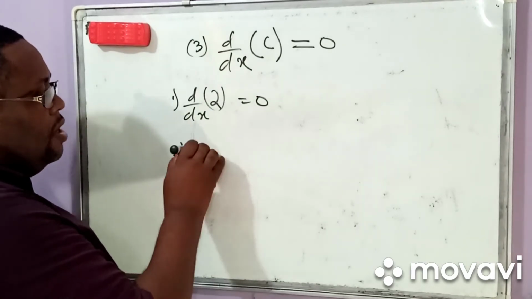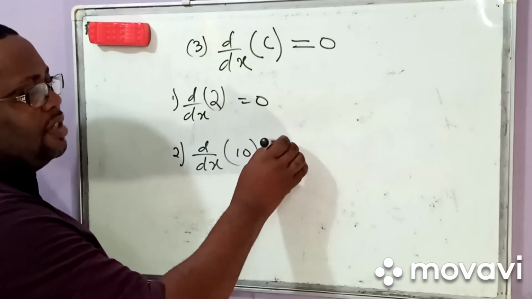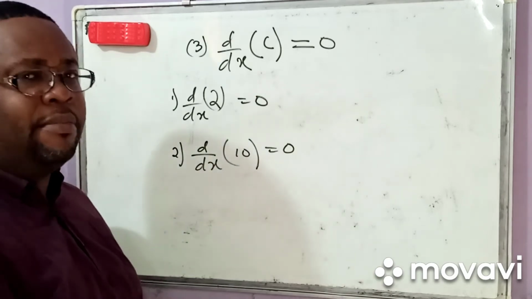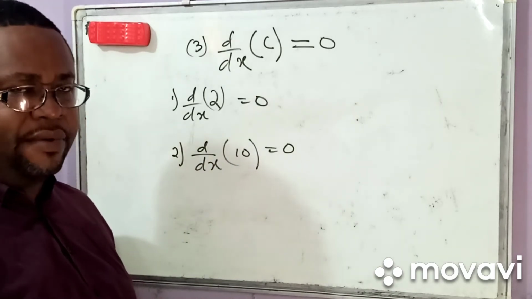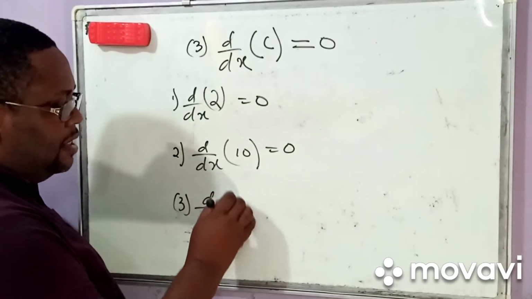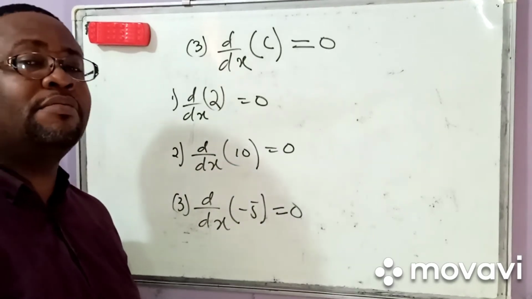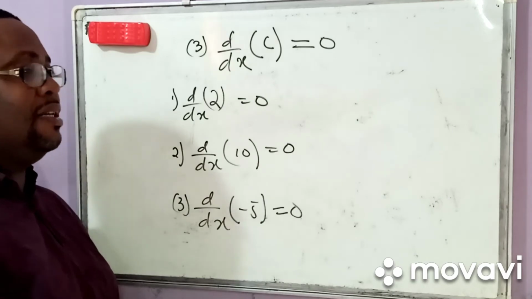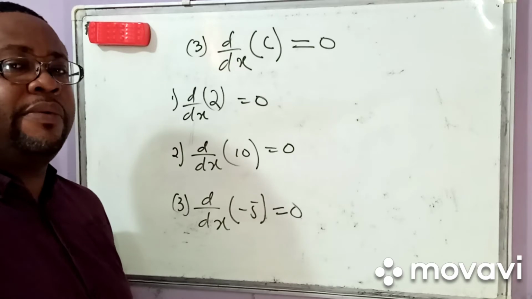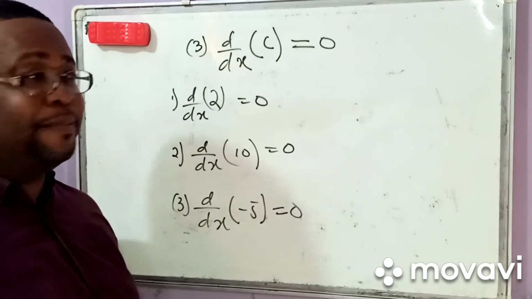Number 2, if I differentiate with respect to x, 10, my answer is simply 0. As long as it's a constant, when there is no variable attached to it, my answer simply becomes 0. If you had to differentiate with respect to x, and let's say you have minus 5, your answer is simply 0. Voila. So that's clear. Whenever you differentiate a constant in the rules of differentiation, or in calculus, you simply get 0. I hope that's clear.